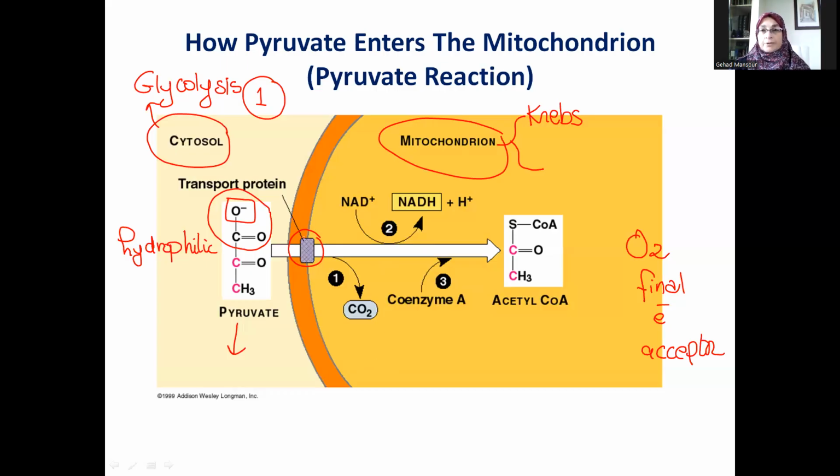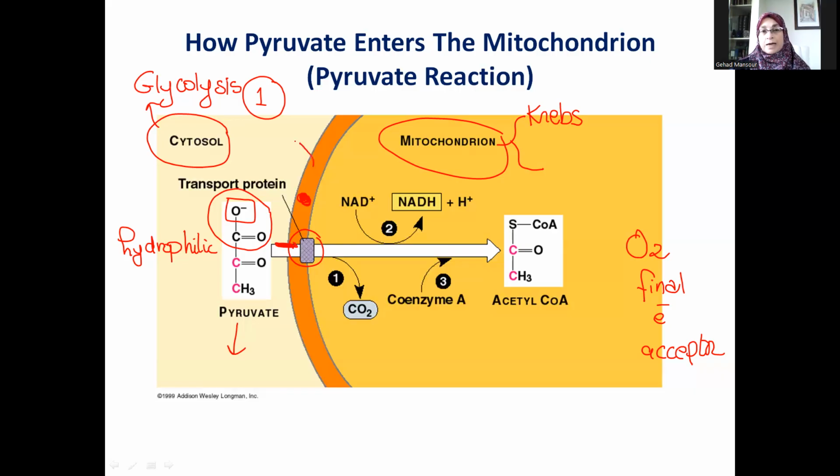What happens actually is that before passing through the inner mitochondrial membrane, pyruvic acid stays here. So the transport protein first allows pyruvic acid to pass through the outer mitochondrial membrane, and then pyruvic acid stays here in what we call the outer mitochondrial space.